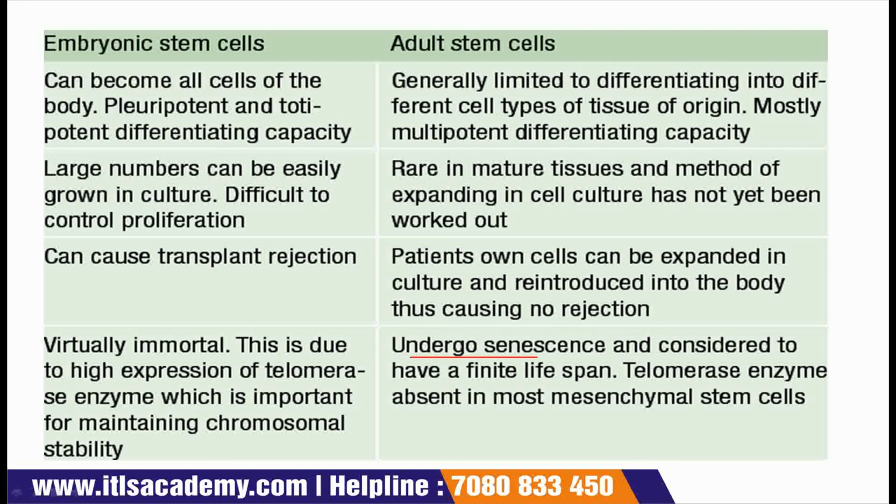We can say that these cells decay and are considered to have a finite lifespan, that is, they have limited lifespan. Telomerase enzyme is absent in most mesenchymal stem cells. Most of the time, telomerase enzyme is absent from here.